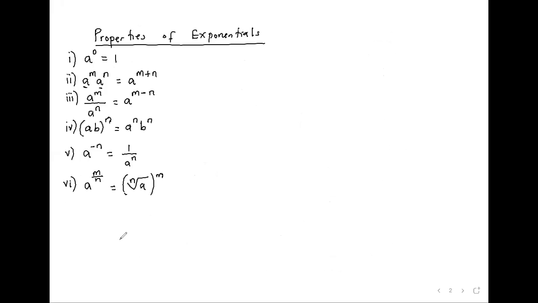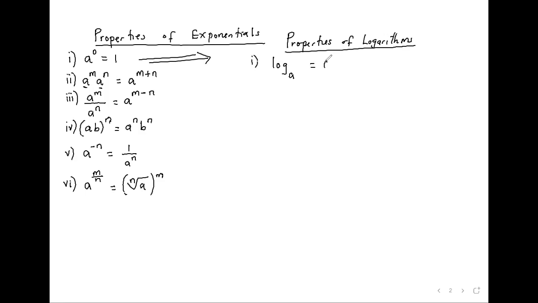Now look at this. Properties of logarithms. The first one, from this one, since we are able to write that as a to the power 0, it means we have log a is equal to 0 here.